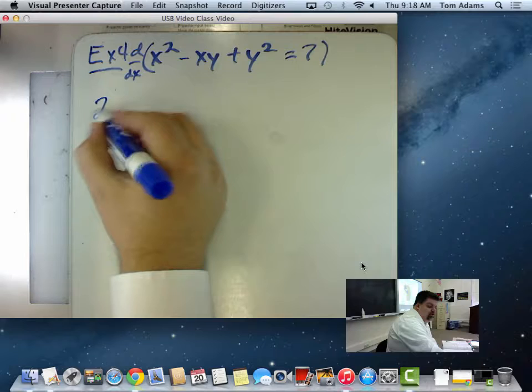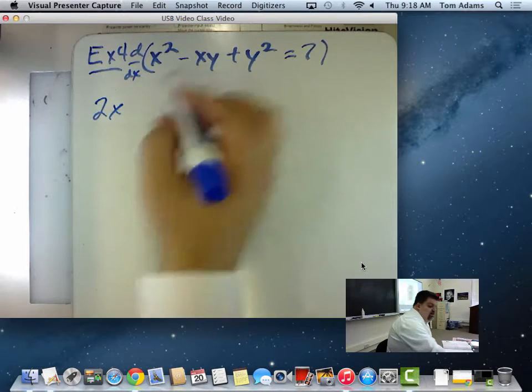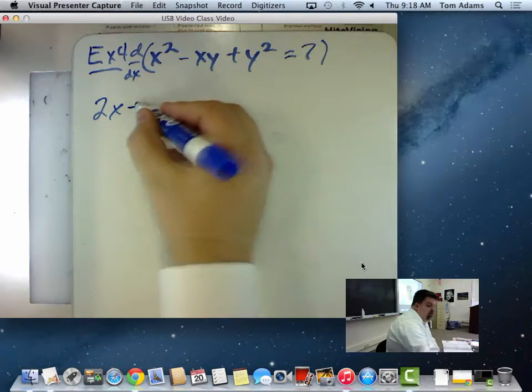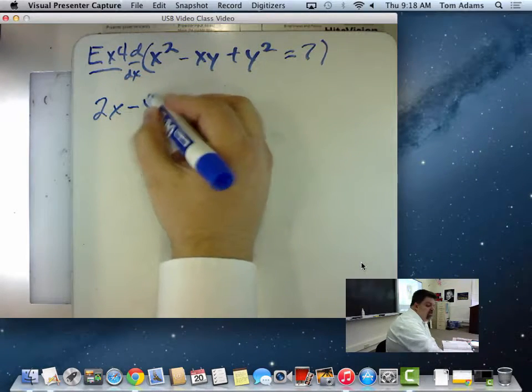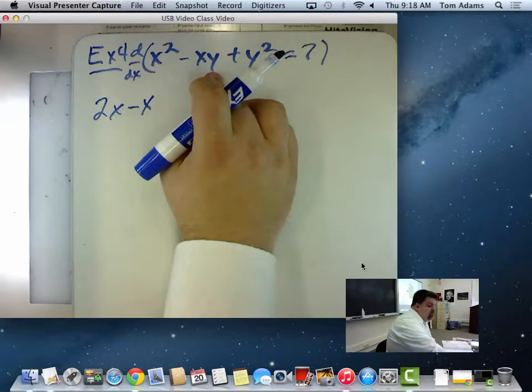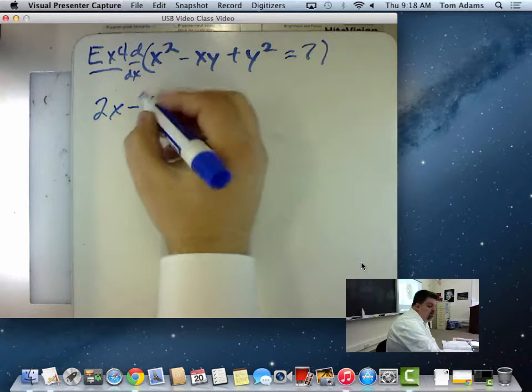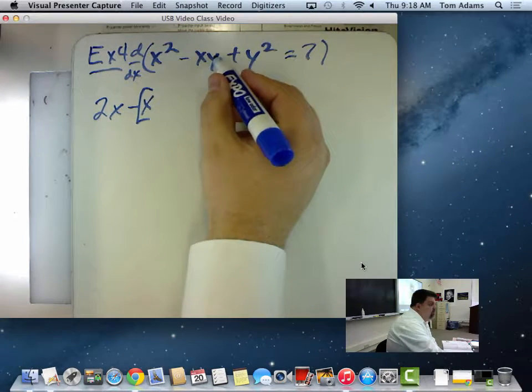This is going to become 2x, right? And then now this we use the product rule. So it's minus the first term, which is x, times the derivative of this one, right? So what is the derivative of y?